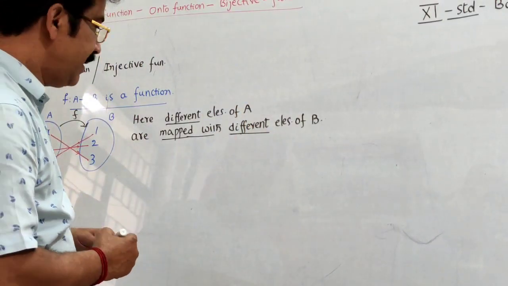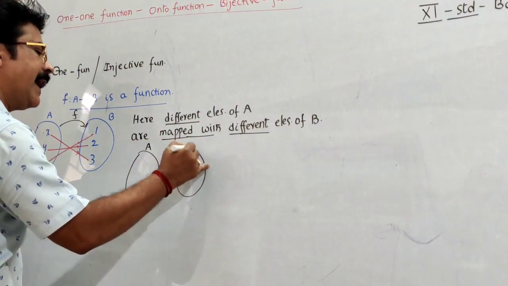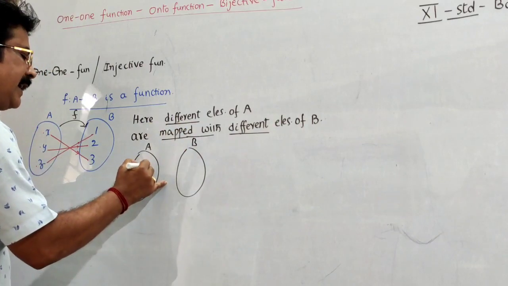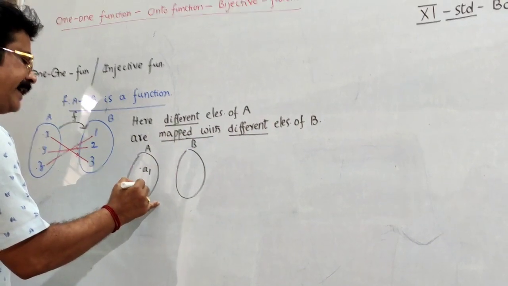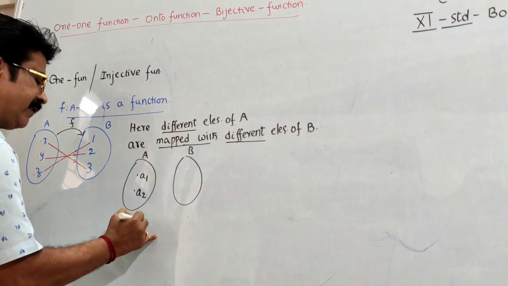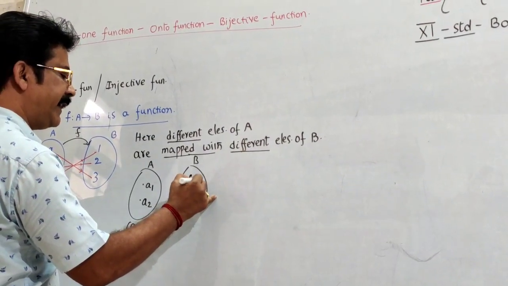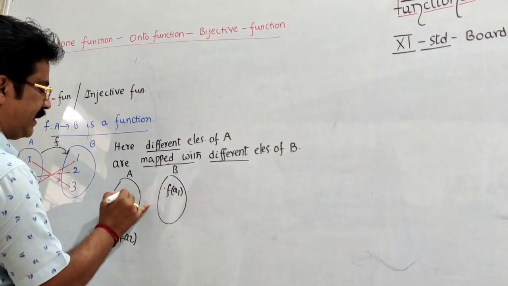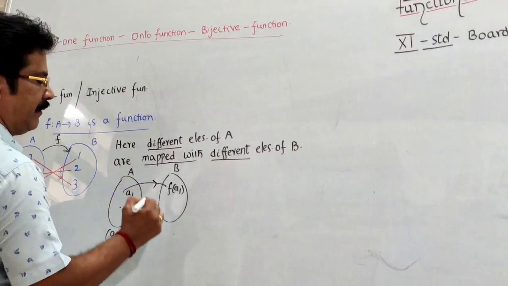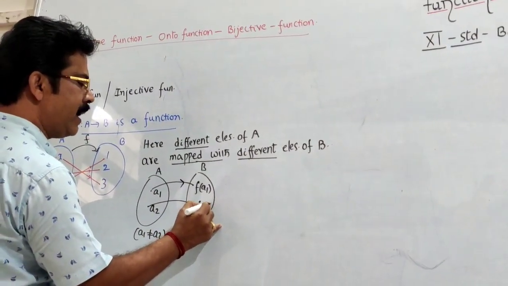What does it mean? For example, in capital A, a1, a2, these two are within bracket, a1 not equal to a2. They are mapped with different elements, means its image is f of a1 and its image is f of a2.